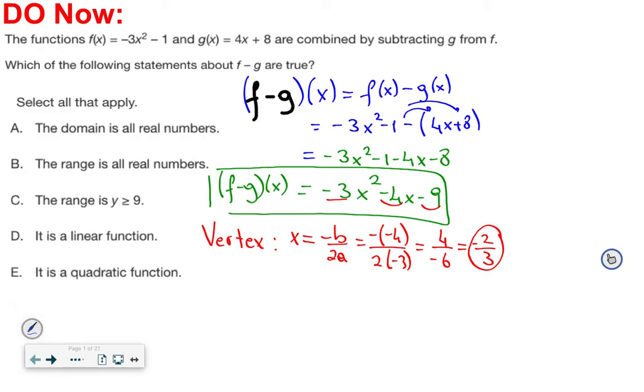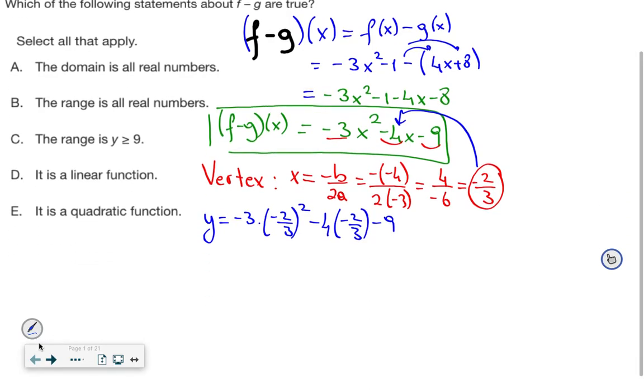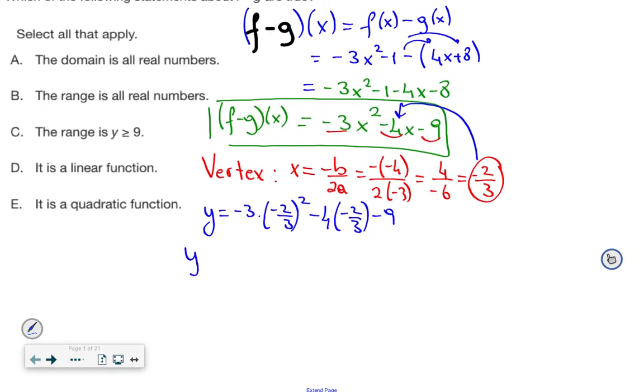To be able to find the y coordinate of the vertex, you need to substitute this value into the x. y is equal to negative 3 times negative 2 over 3 squared minus 4 times negative 2 over 3 minus 9. If you calculate this, you will get y is equal to negative 3 times 4 over 9 plus 8 over 3 minus 9.